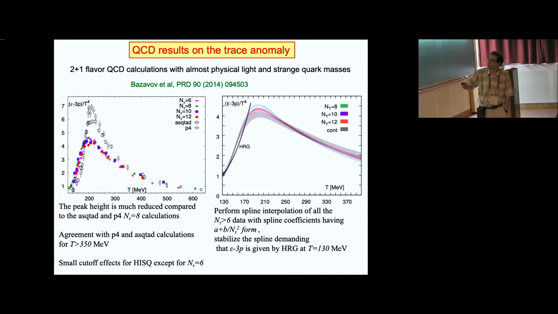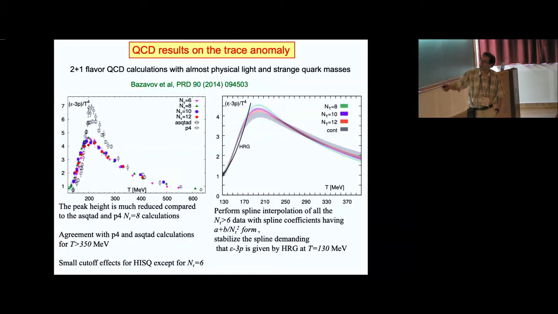And the black symbols are the earlier calculations, which were also done with an improved action, but a less optimized one. And you see that if you don't use the most optimized action, you're very far off in terms of where you should be.